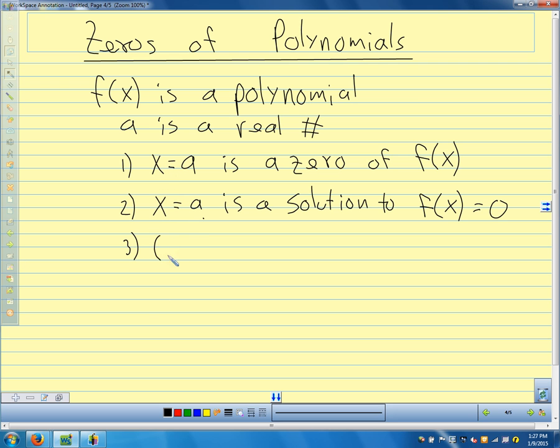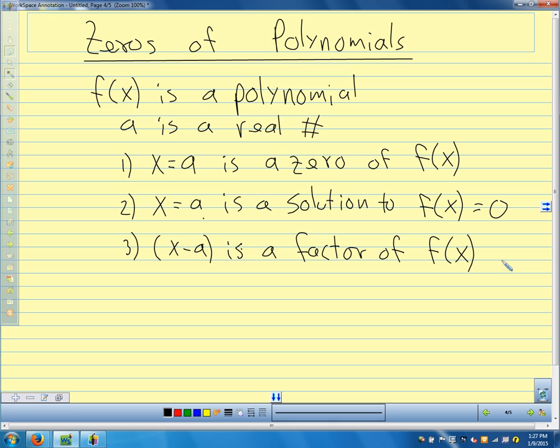This is also the same thing as saying x minus a is a factor of our polynomial. So what do we mean by a factor? Isn't factoring one way we find zeros, find solutions?